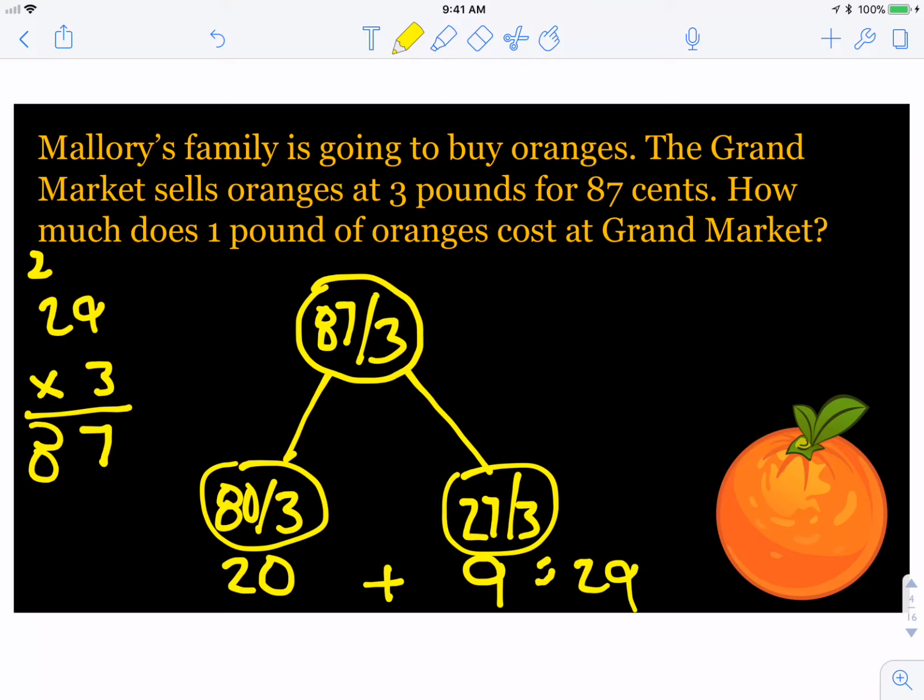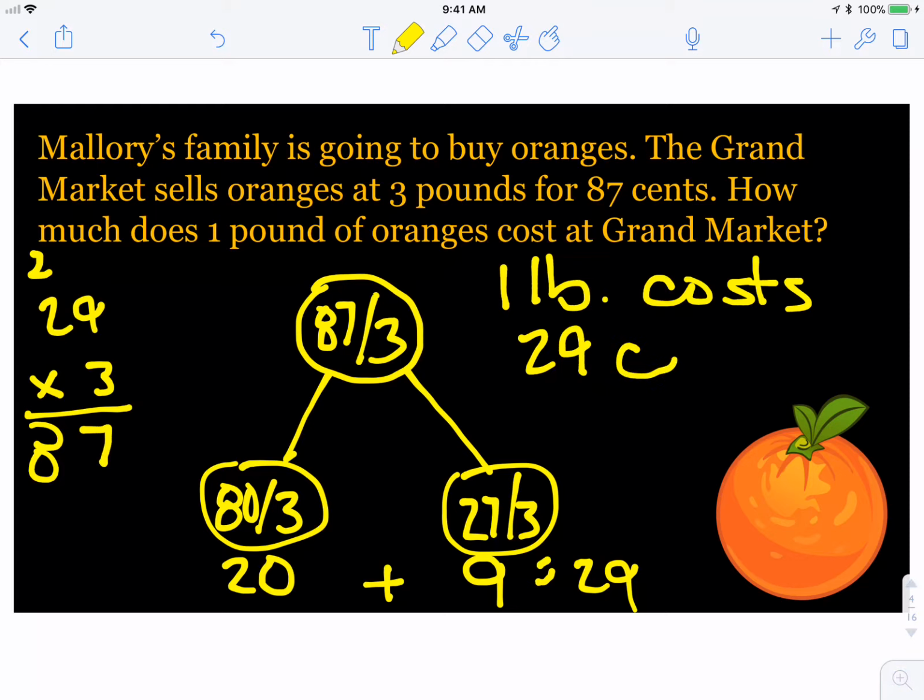Is that my dividend? Yes, it is. So, how much does 1 pound of oranges cost? 1 pound. You know, the abbreviation for pound is LB. 1 pound costs 29 cents. And there's your answer.